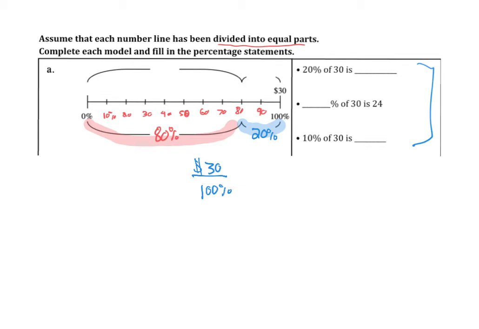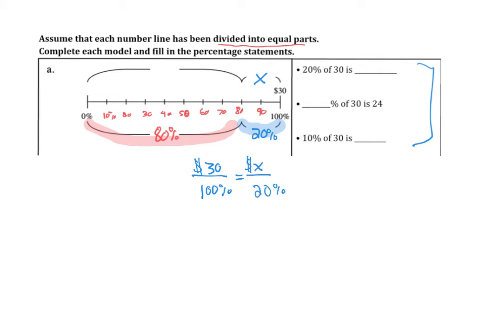And because everything on this list is a proportion, I know that this unknown right here, we're going to call that X. X dollars over 20% is going to be equal to $30 over 100%. They are proportional. So these two ratios are proportional. Now I can do my math.